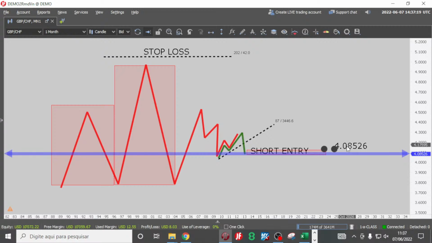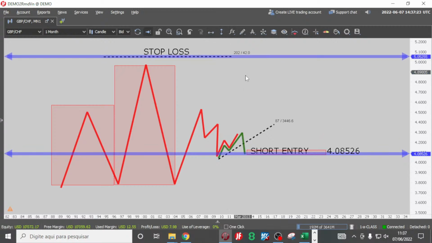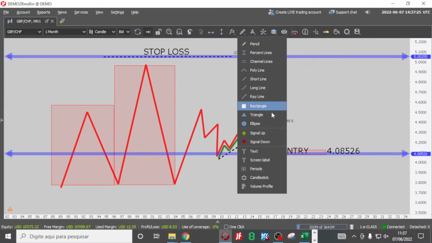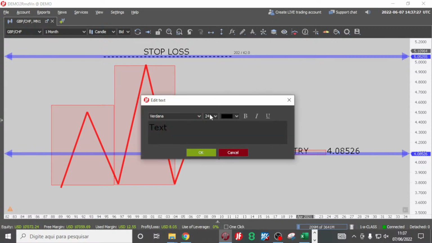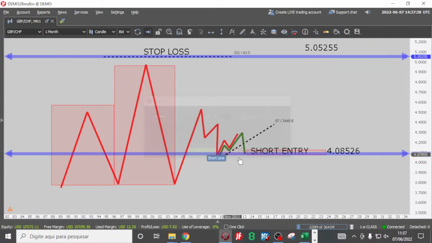Okay, we are entering in this price level, and our stop loss is somewhere up in here. Okay, and our stop loss is at 5.05255.